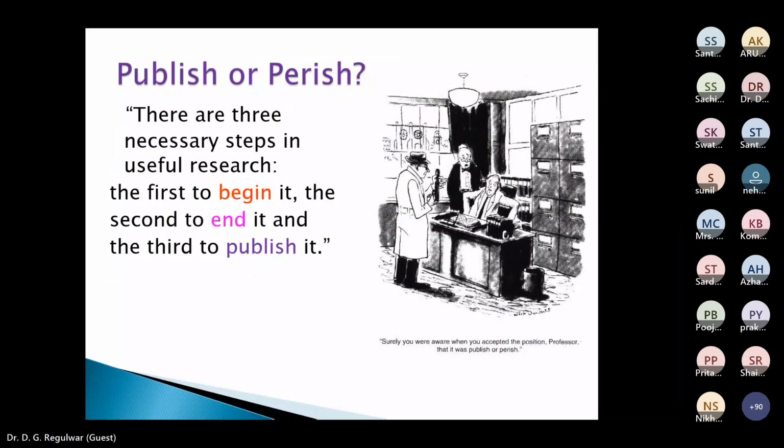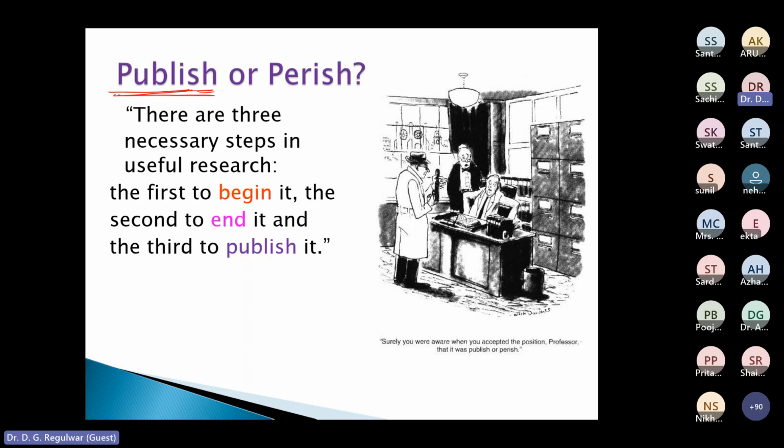Okay. Publishing is very much important. Why is it so? Because it will give you international standing. Even in some institutes, either you have to publish or you perish. Okay. So publishing is essential. Internationally, you will be recognized.